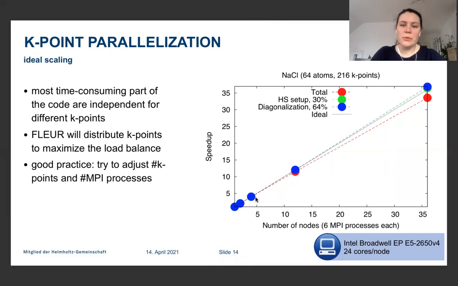This ideal behavior is plotted here, this gray line. And we can see that the real speed up, this total speed up in red, is indeed very, very close to the ideal. So this parallelization over k points is indeed very, very effective.